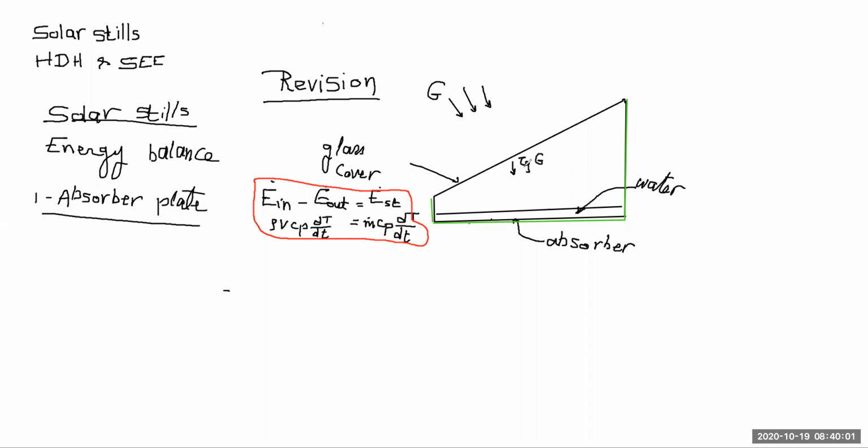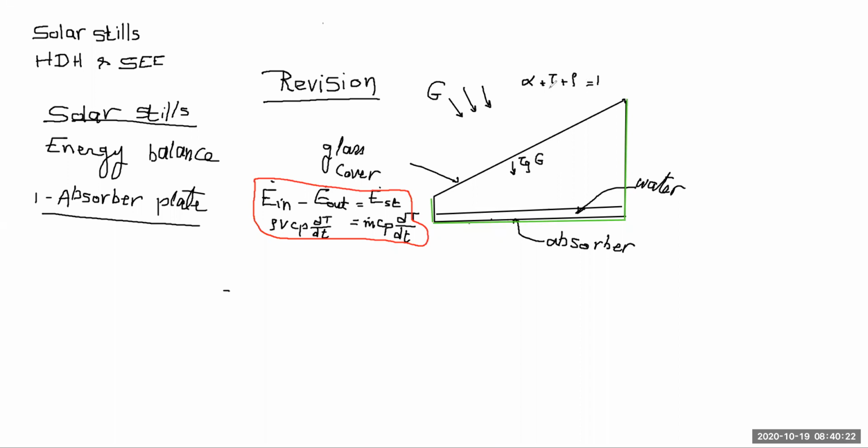Tau is the transmissivity, and it's a property which is always less than 1. If you remember from our study of radiation, the surface properties are basically alpha, the absorptivity, tau, the transmissivity, and rho, the reflectivity. And the three of them add up to 1.